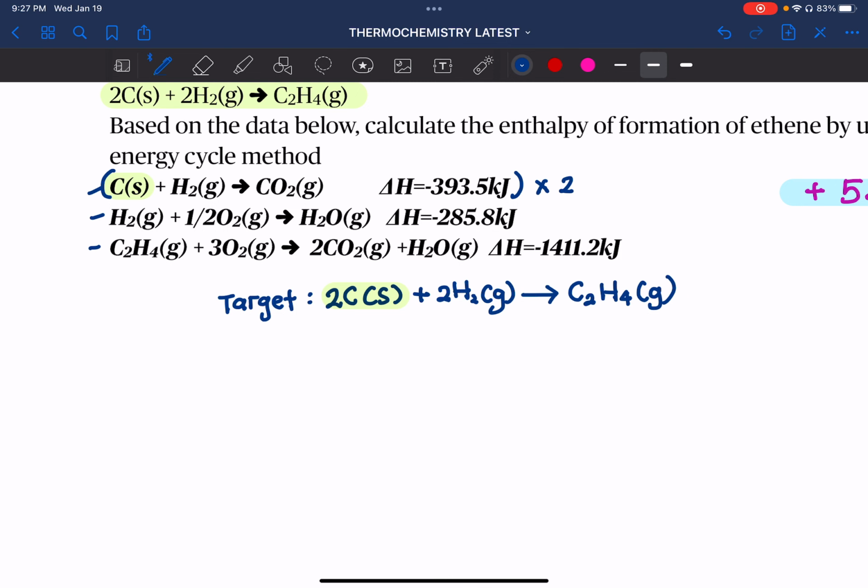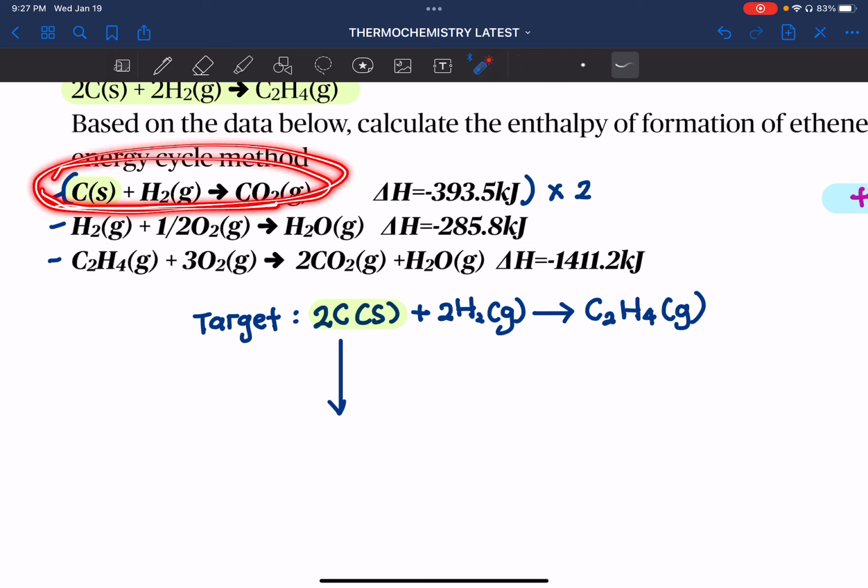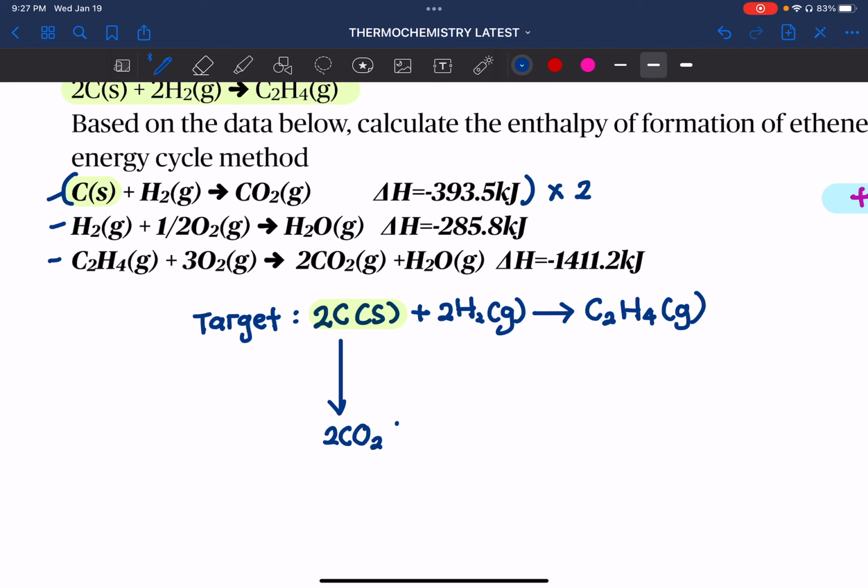Okay, so how to do the energy cycle? So first, kita tulis anak panah ke bawah. Cuba tengok equation pertama. The product is CO2. So kita tulis dulu dia punya product. Tapi kita sudah darab 2 kan? So 2CO2 gas. Okay, dekat anak panah ni, you tulis plus 2H2.